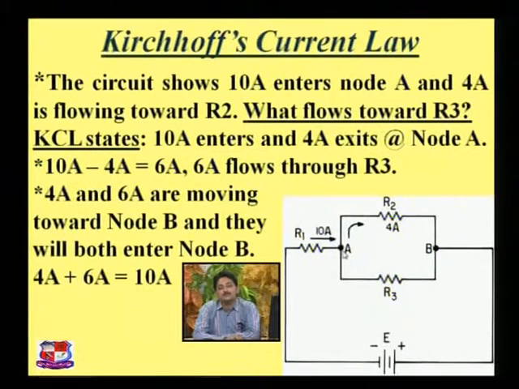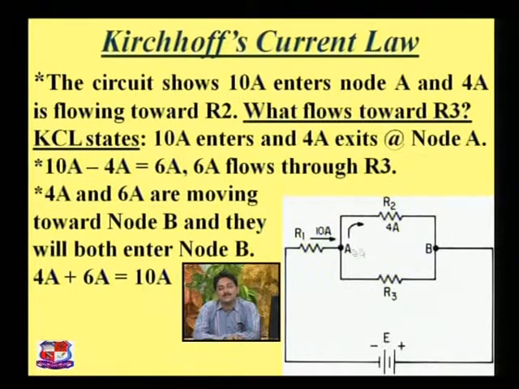According to KCL, the current entering node A, that is 10 A, is equal to the current flowing out of node A, that is 4 ampere. So 10 A minus 4 A equals 6 ampere. So the overall current flowing toward the resistor R3 is 6 ampere.